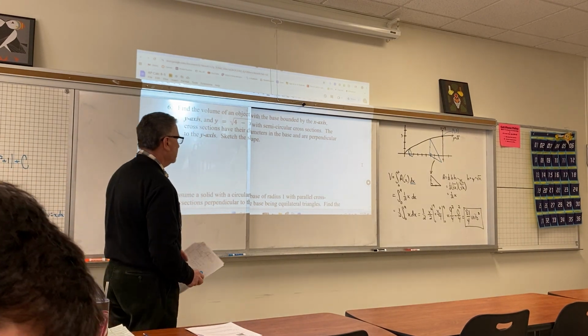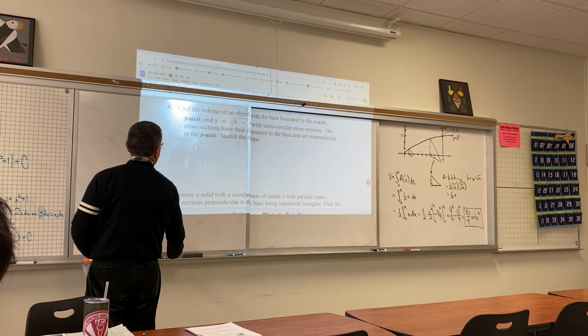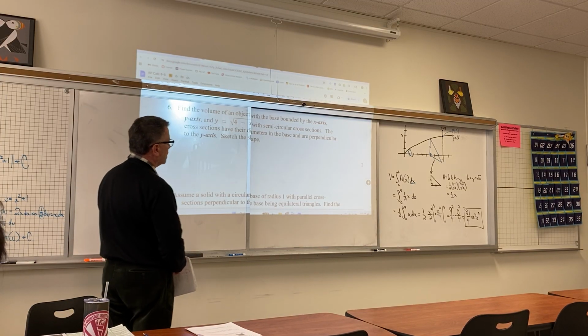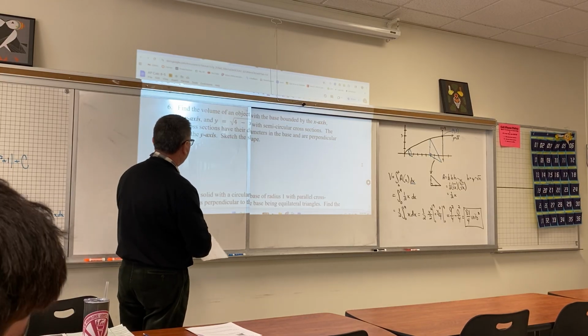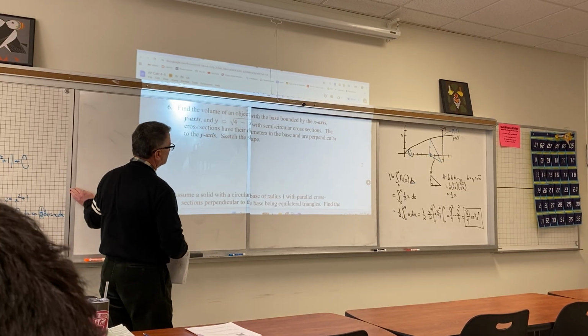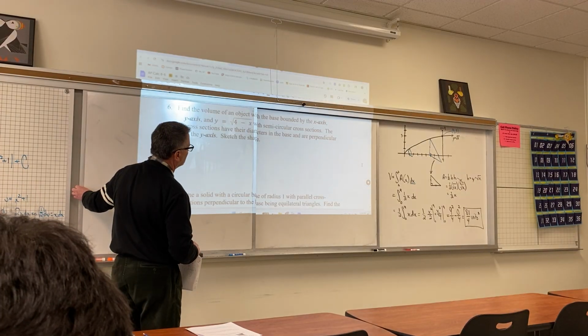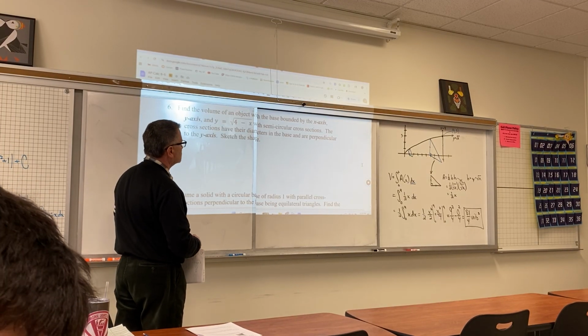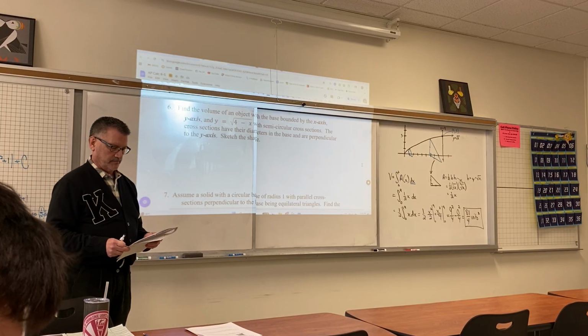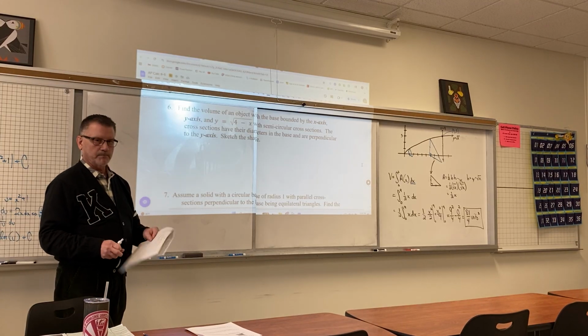Okay. So let's see what we got. Find the volume of an object. The base is bounded by the x-axis, the y-axis, and it's kind of hard to see. The equation is y equals 4 minus the square root of 4 minus x.